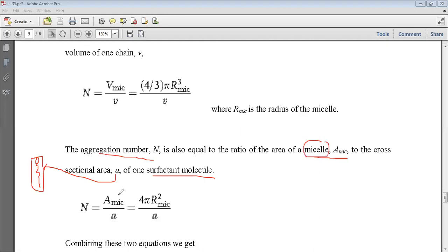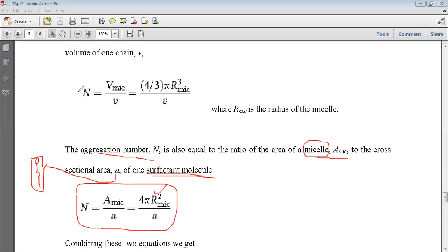So when you take the ratio of the area of a micelle to the cross-sectional area of one surfactant molecule, that will also be represented as the aggregation number. For a spherical body, area is equal to 4 pi r square, so r will be replaced by R_mic, and it will be 4 pi R_mic square upon a.